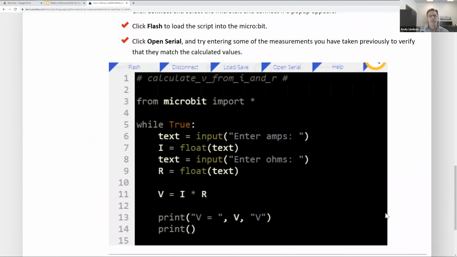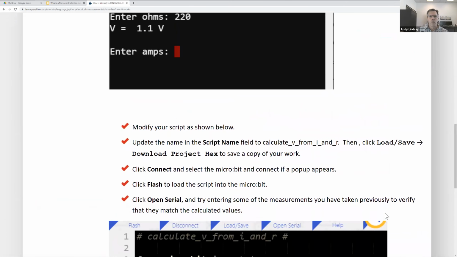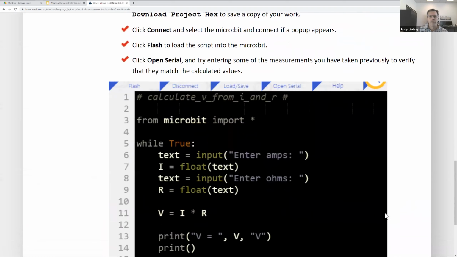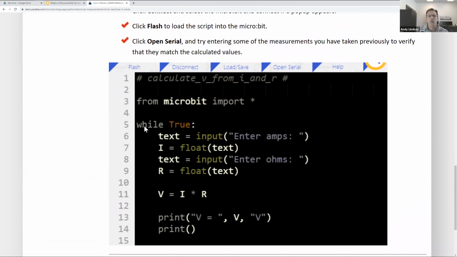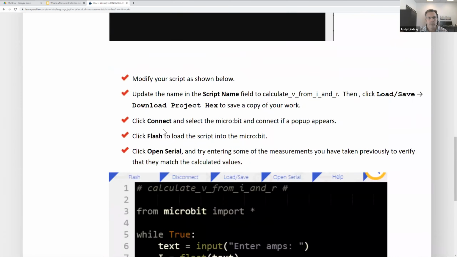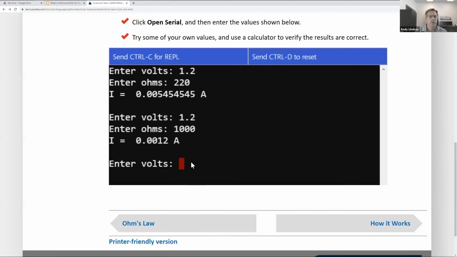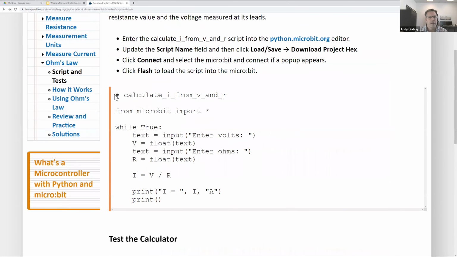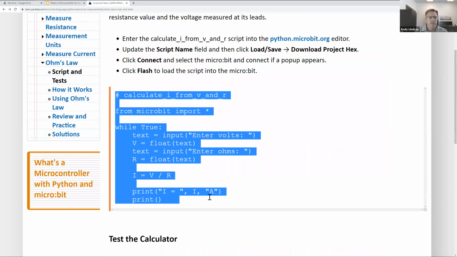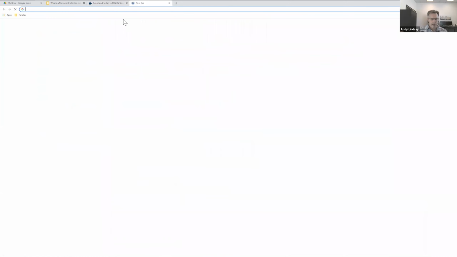All right, so at this point, we're having them solve for one of the other unknowns. But I'd like to call your attention to the fact that this is not typed in. If we go back to the previous page, this is something that students can and undoubtedly will just copy and then paste into their microbit editor.